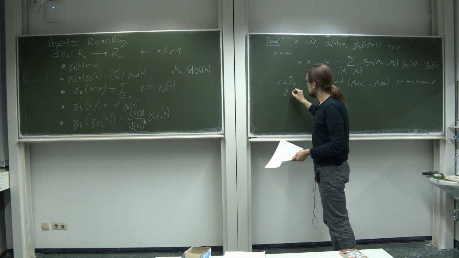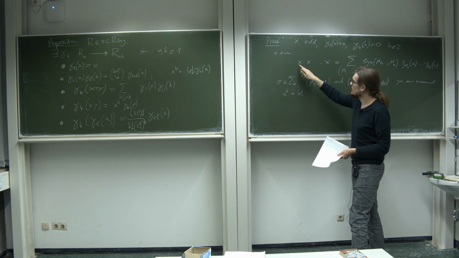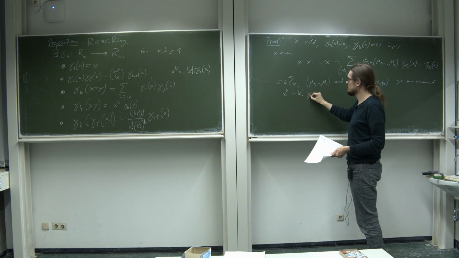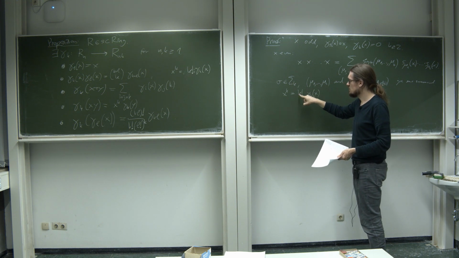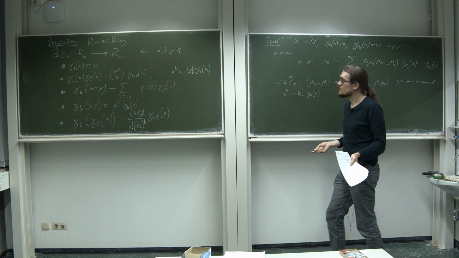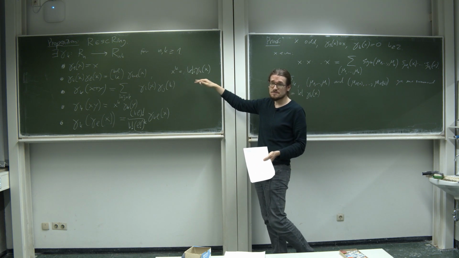we get an element which is kind of 1 over k factorial over this. More precisely, we get an element gamma k of x such that k factorial times that element gives us x to the k. So this is where we get elements that satisfy that.